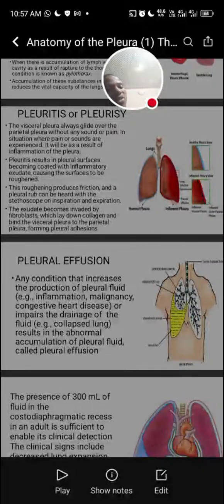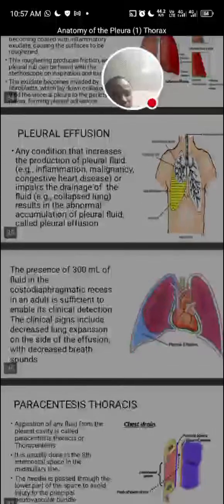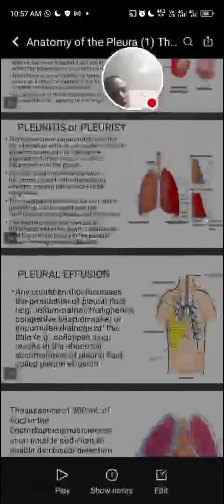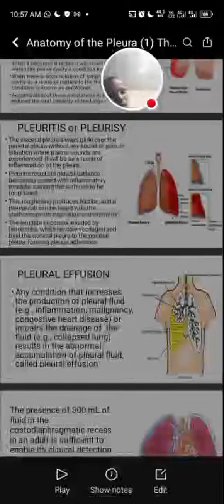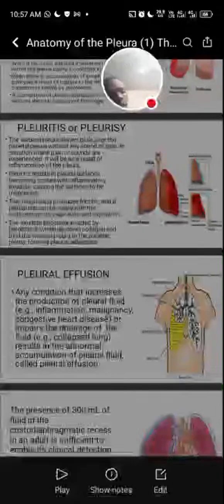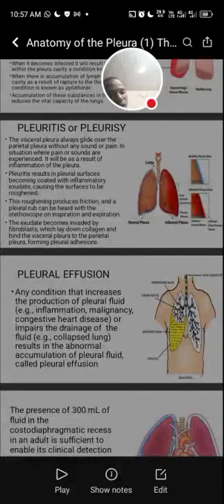Then we have a solution for pleural effusion, which is paracentesis or thoracentesis, the aspiration of fluid from the pleural cavity.